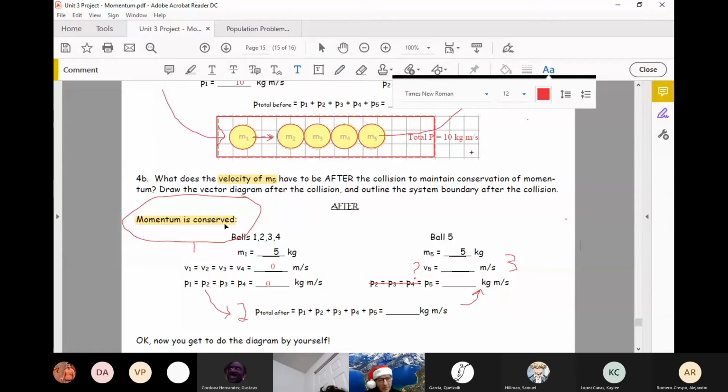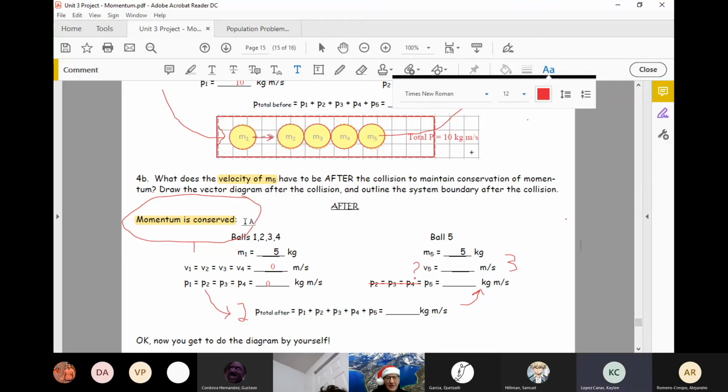And that means what? We don't gain momentum, we don't lose momentum, but we can transfer it. So ball 1 came in with some momentum, and it transferred all that momentum through the system to ball 5. Momentum is conserved. That's your big hint.